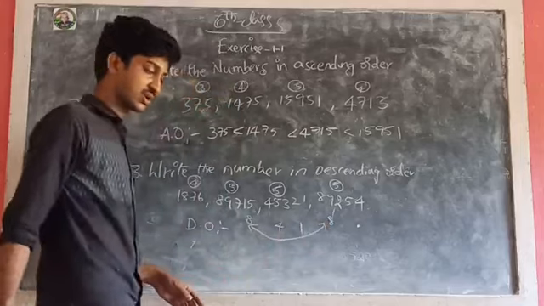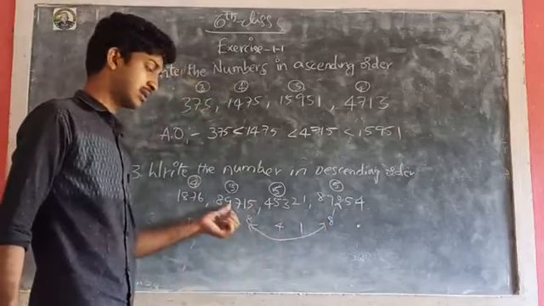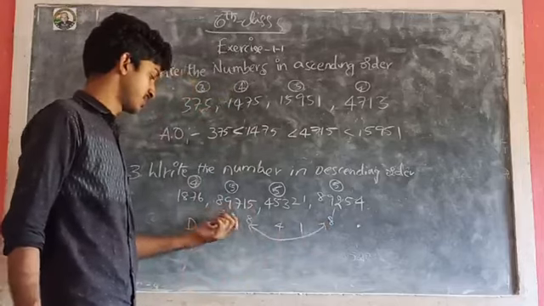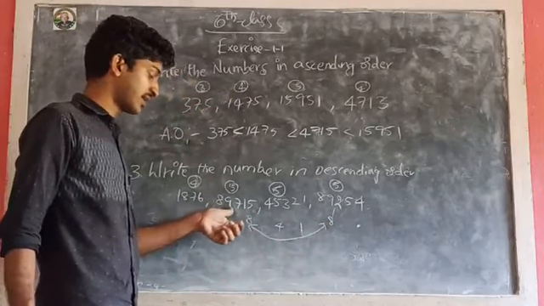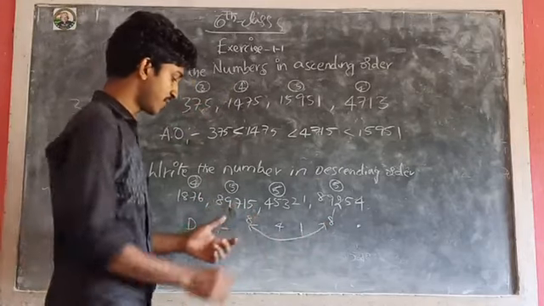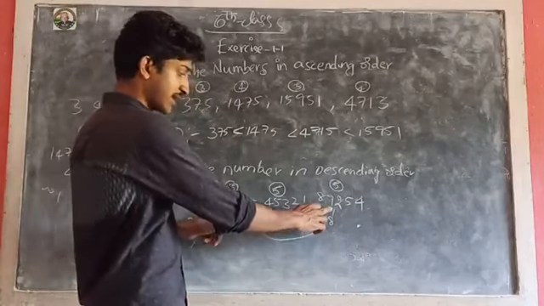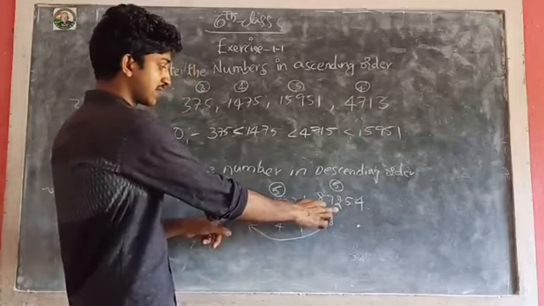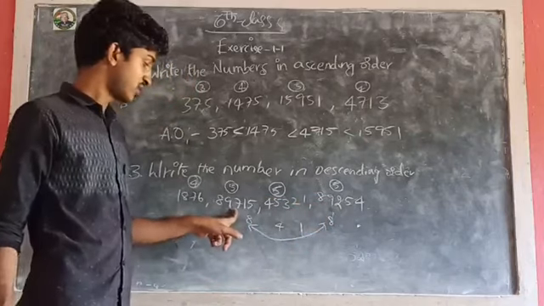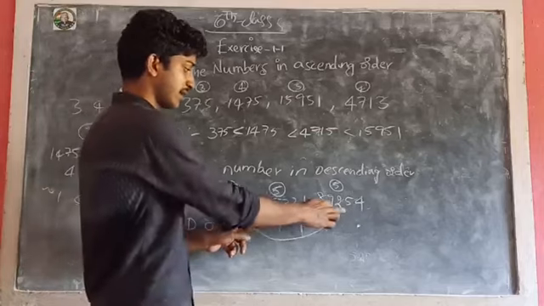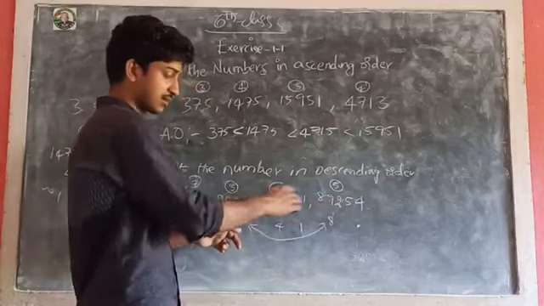In these two numbers, we have to compare the next digit. After 8, 9 here. In these two numbers 9 is common. So I am going to the next digit. Here 7 and here 2. 7 is greater than 2.